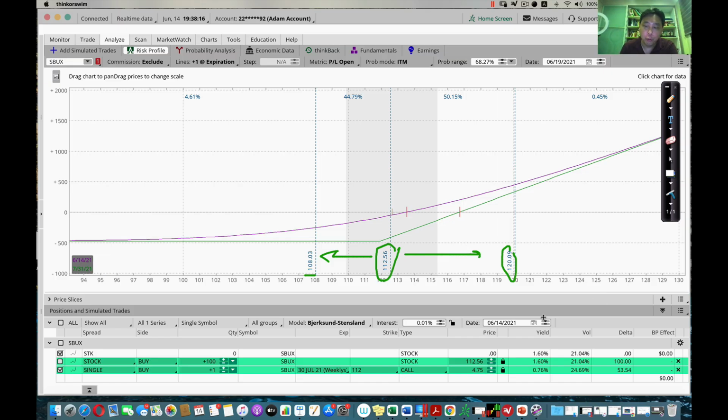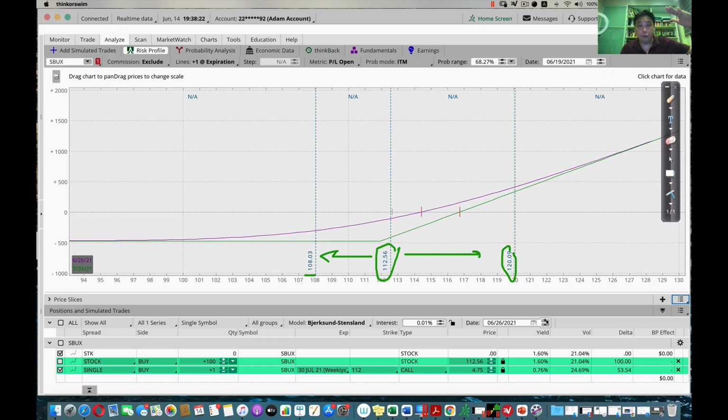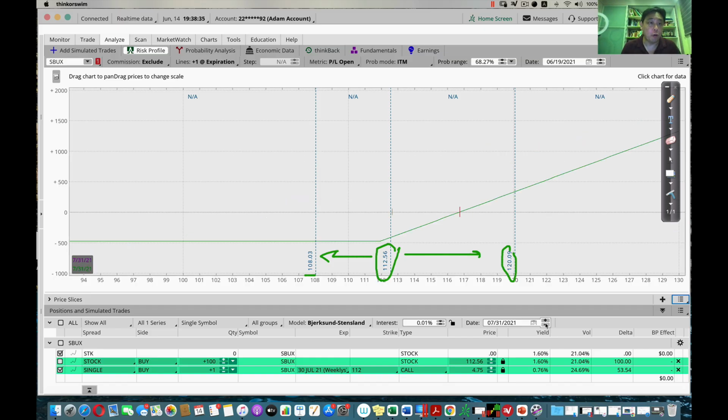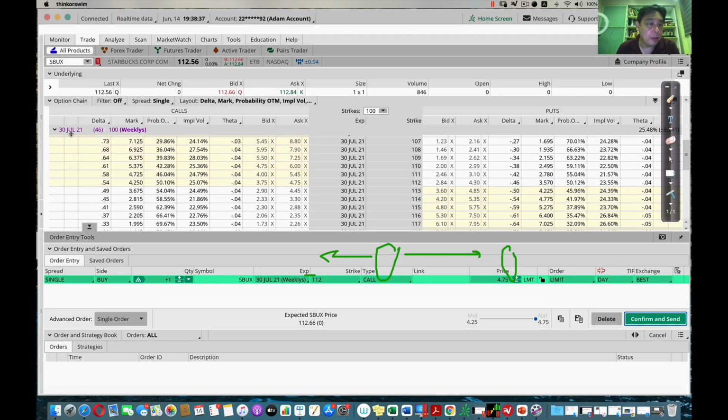So you can see that as I move this date forward, look at what happens to the purple line. The purple line will start to fall. As you can see, it's losing value until it eventually becomes the green line at expiration, which is in 46 days, which is 30th of July.